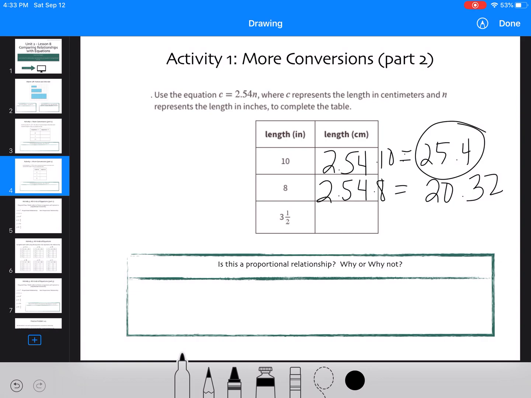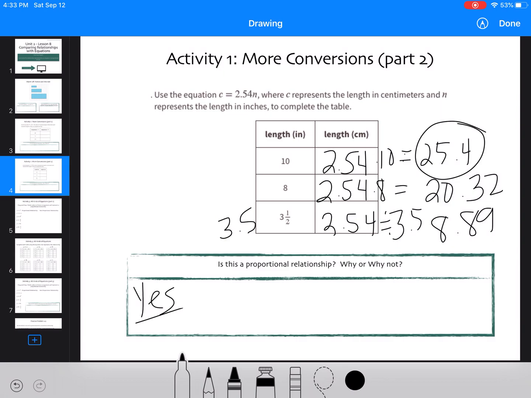Then I have 3.5, so that's really 3.5 for the purposes of my calculator. 2.54 times 3.5, and I get 8.89.